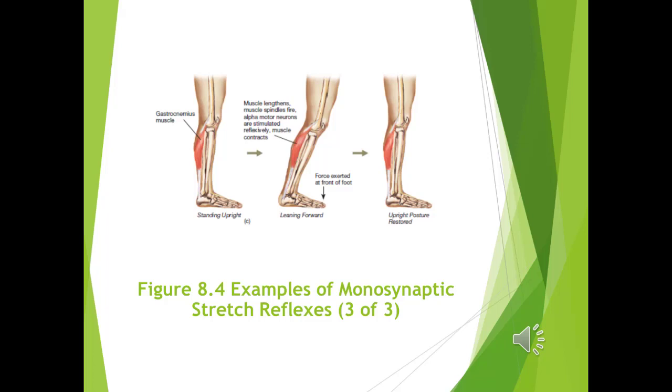In the third image, you can see that the stretching brings out compensatory muscular contraction that pushes the toes downward, effectively restoring upright posture. And so by the end of this sequence, the third image resembles the first image.